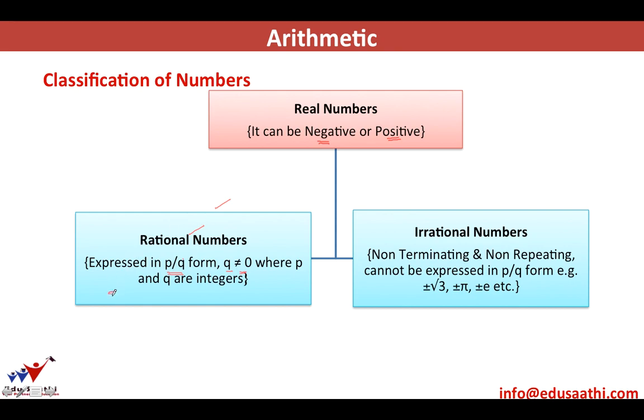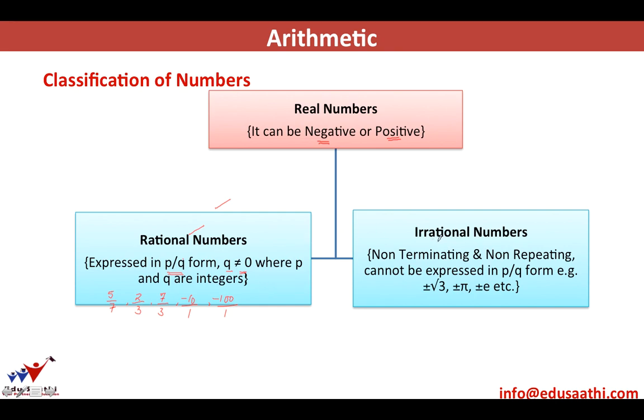For example, 5 by 7, 2 over 3, 7 by 3, 10 by 1, or 100 by 1. All these numbers can be expressed in the form of p by q. It could be minus 100 also, minus 10 also.